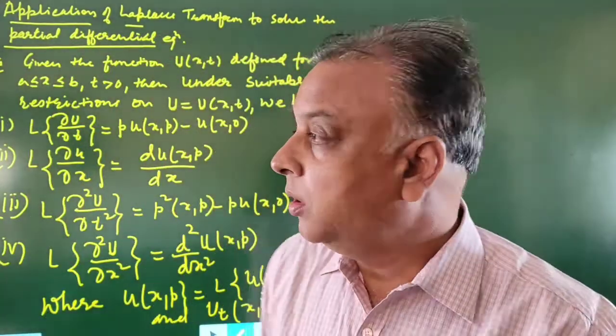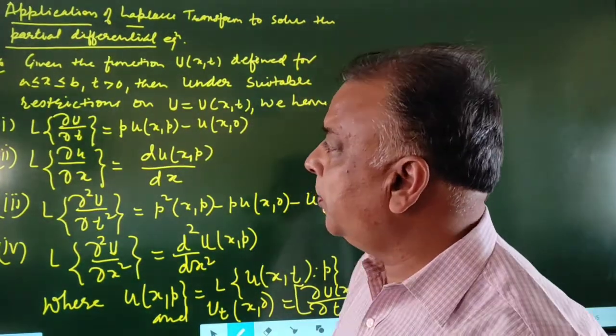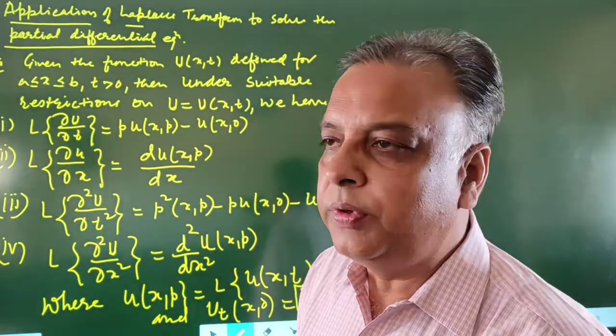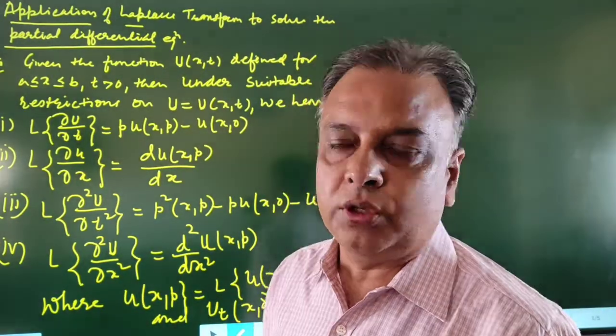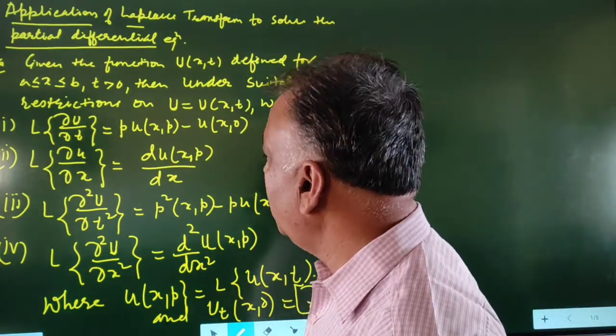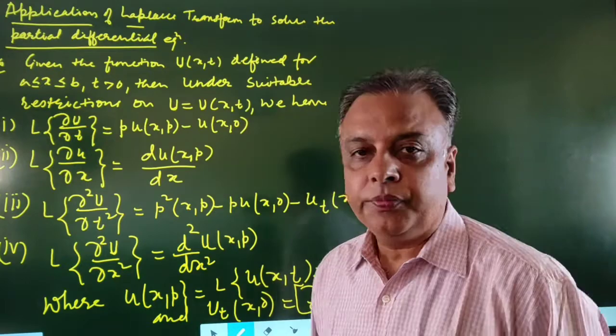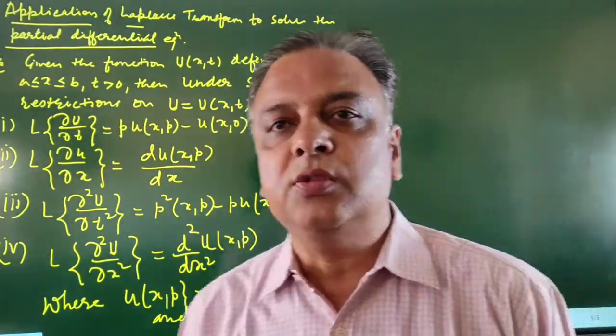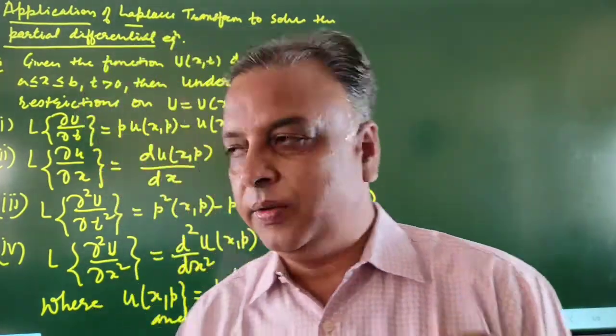we have the Laplace transformation of del u upon del t, the partial derivative of u with respect to t, equals p ū(x,p) minus u(x,0), where ū(x,p) is the Laplace transformation of u(x,t).